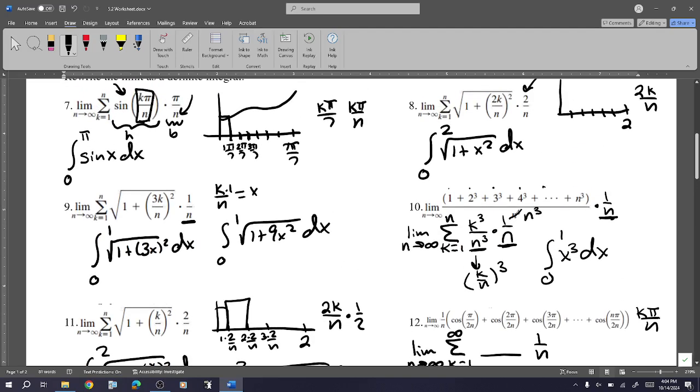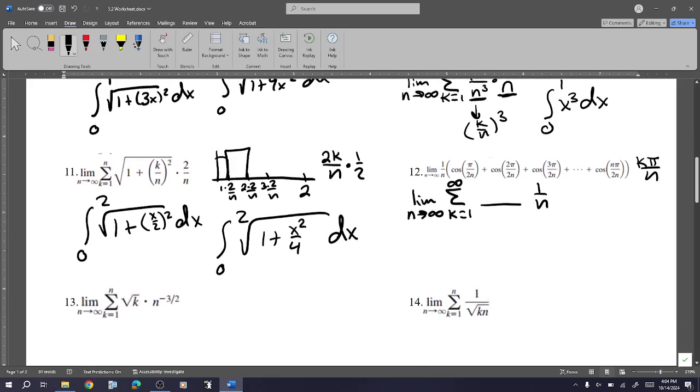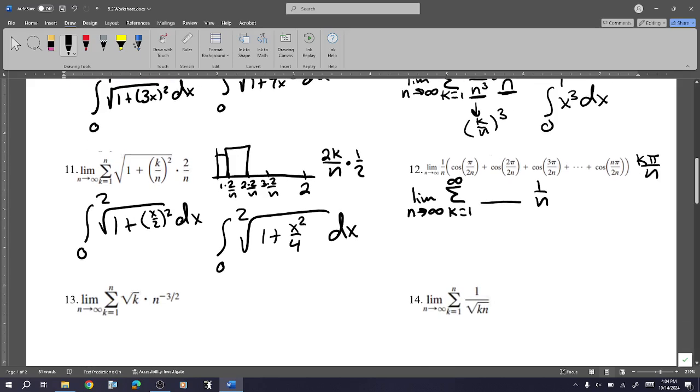We're plugging in k pi over n, but each of them has a 2 in there also. So let's go cosine of k pi over 2n is what I see. But the x is going to be k pi over n. So this is the integral from 0 to 1 of cosine of 1/2 x dx, or x over 2.